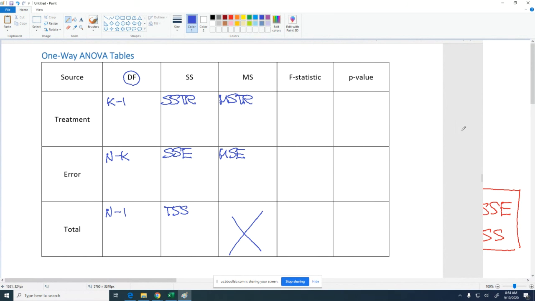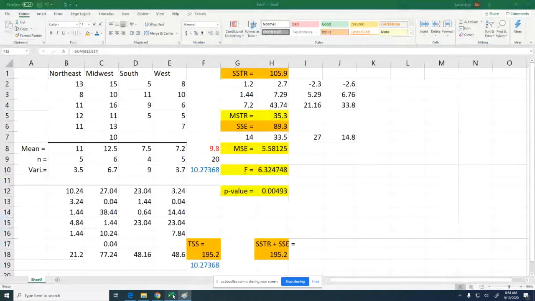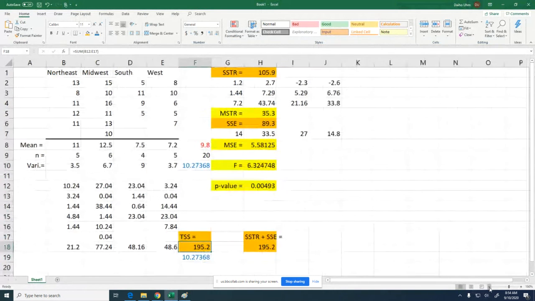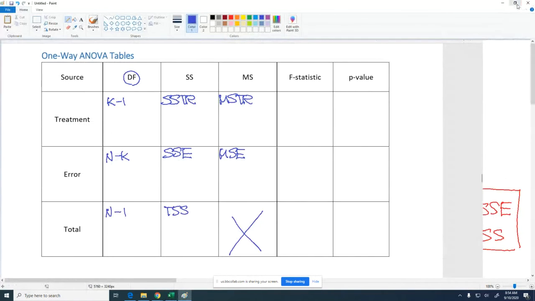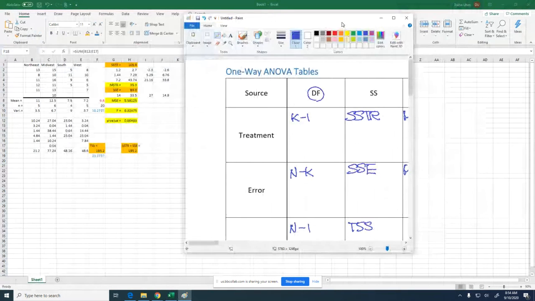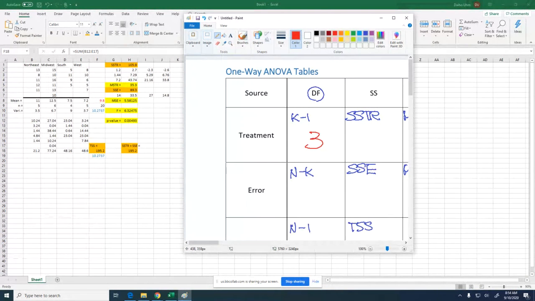Okay, so let me copy. Let me make the Excel file smaller. And I want to copy. K minus 1 was a 3. It's a 20 minus 17.